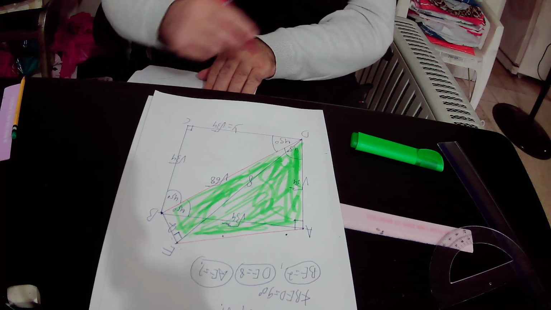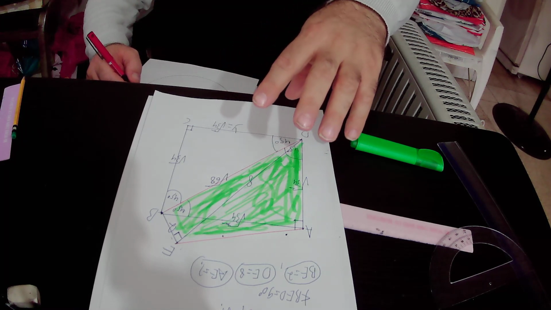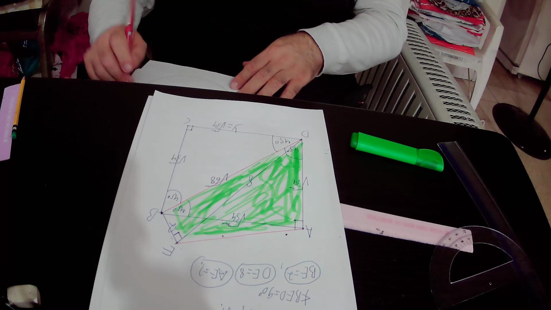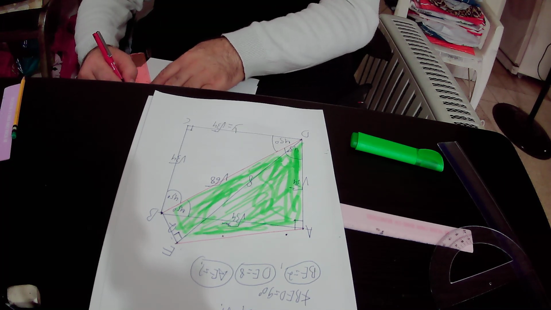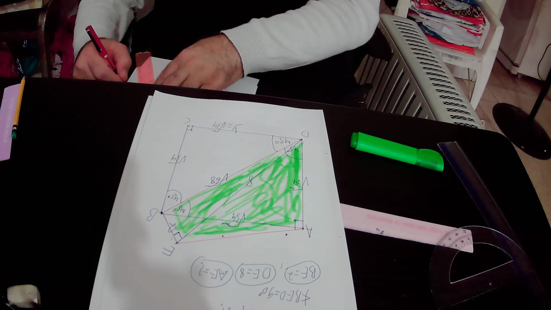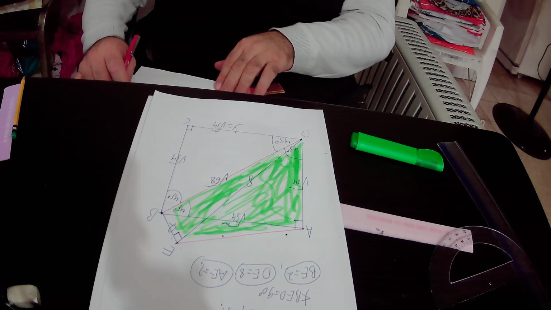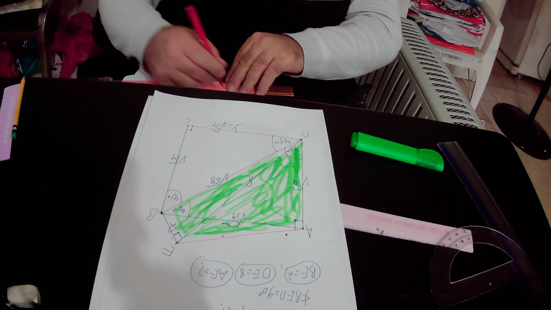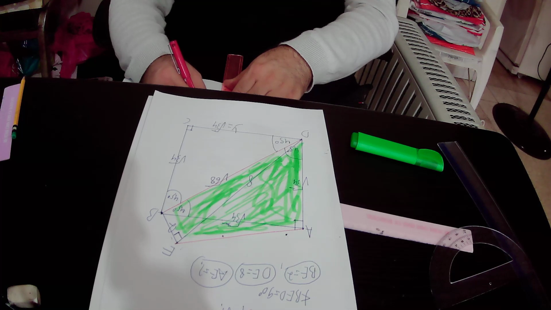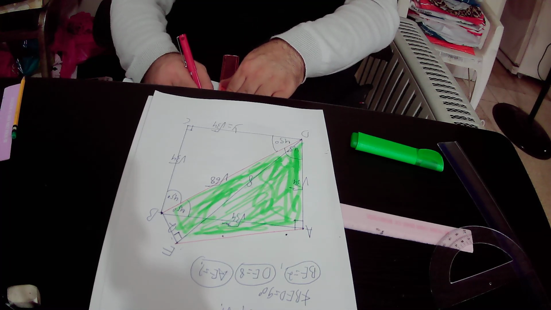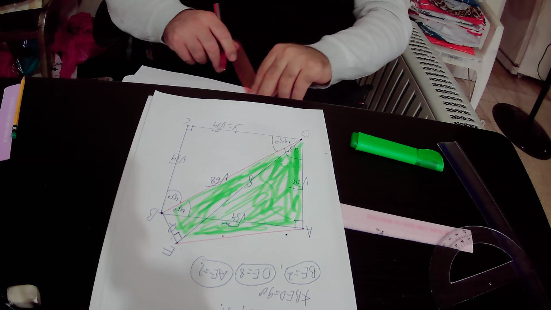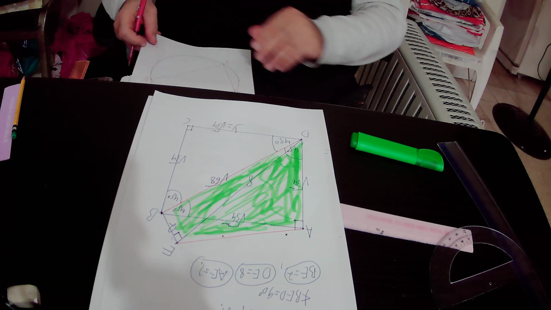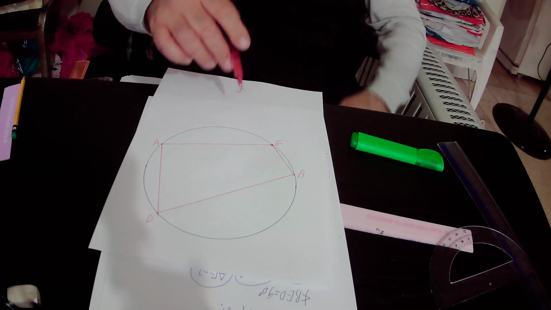The quadrilateral in the green color, quadrilateral AEBD, is inscribed by a circle, so the quadrilateral AEBD is inscribed by this blue circle.